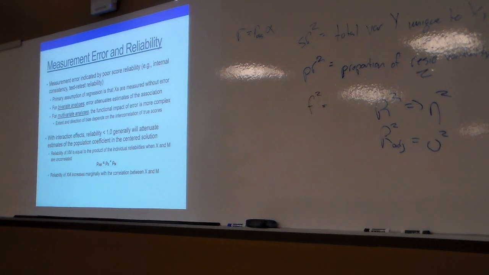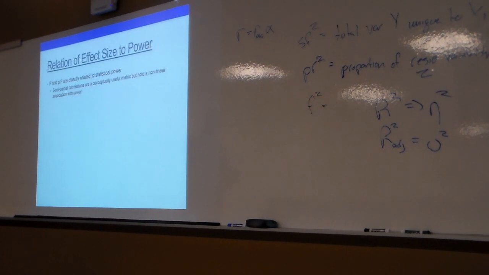But at the end of the day, we can think about the reliability of our interactions as being roughly the product of the reliability of my two base variables. Okay? And so we get dramatic reductions in the reliability of our interaction effects when we are measuring our inputs with less than perfect reliability. And this starts to get really, really bad, okay?